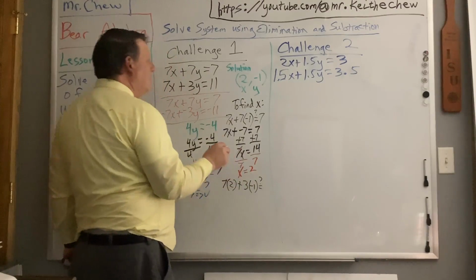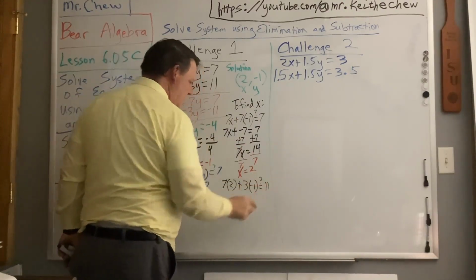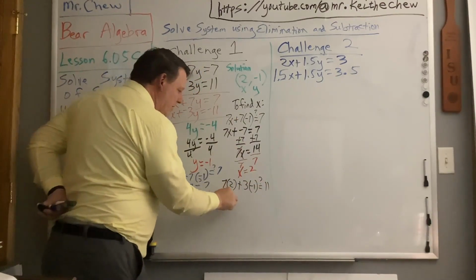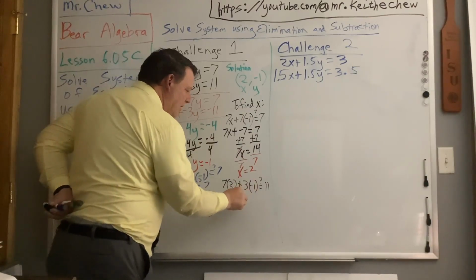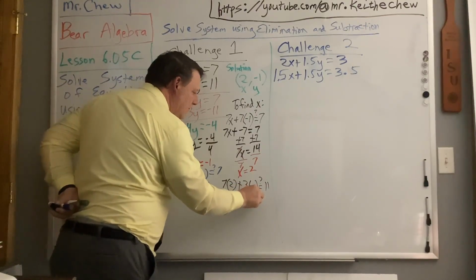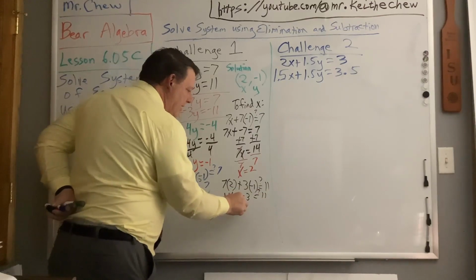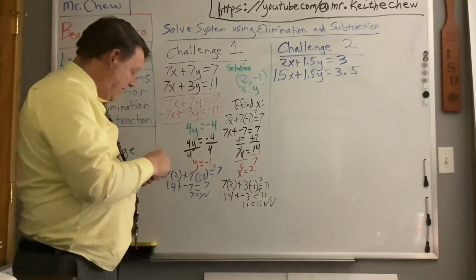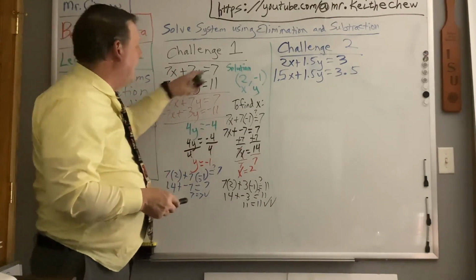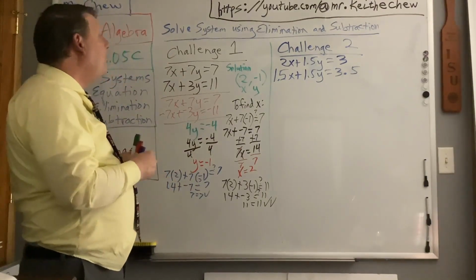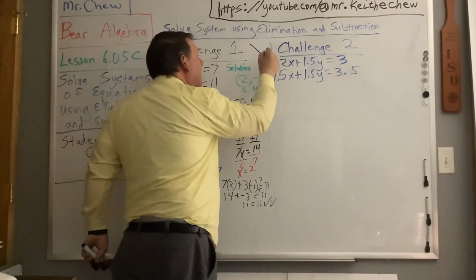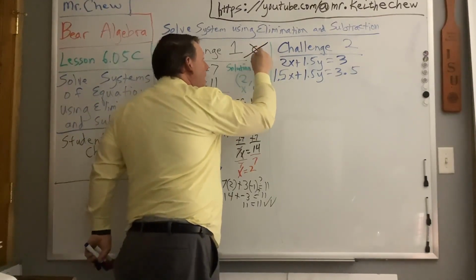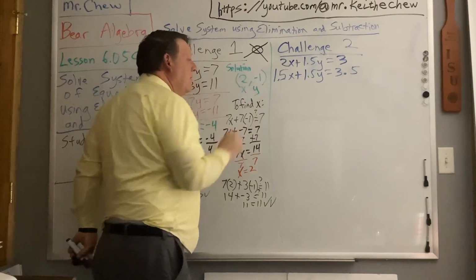Does that equal 11? 7 times 2 is 14. 3 times negative 1 is negative 3. 14 plus negative 3 is 11. Does 11 equal 11? Every day of your life. What does that mean? Since they both checked, that means that is the solution. And if I were to graph those two lines on a coordinate grid, right where they intersected would be the point 2, negative 1.